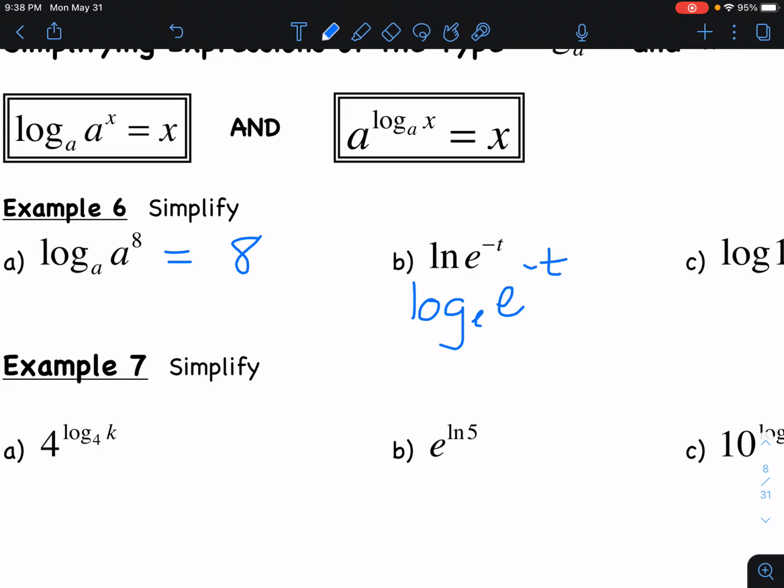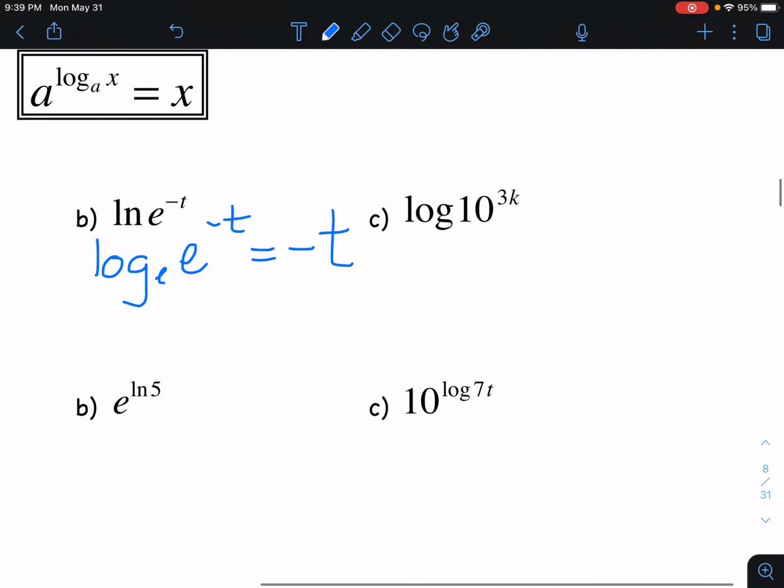And you can see now this property applies. You have this little base e and the big base e. So therefore, the shortcut is, your answer is negative t. So remember, keep that in mind. It came up last lesson that whenever you have ln, called the natural log, that is log base e.